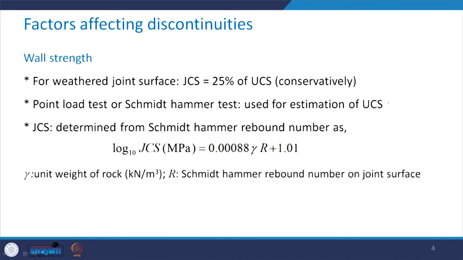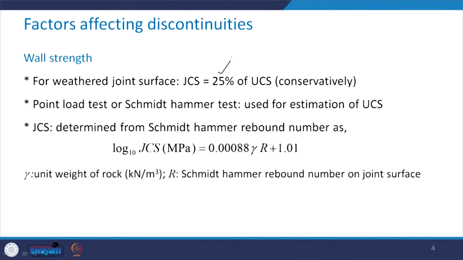This is just an estimate, which has been found to work nicely for most cases. We use the point load test or Schmidt-Hammer test for the estimation of UCS. We have seen that in some of the earlier classes.